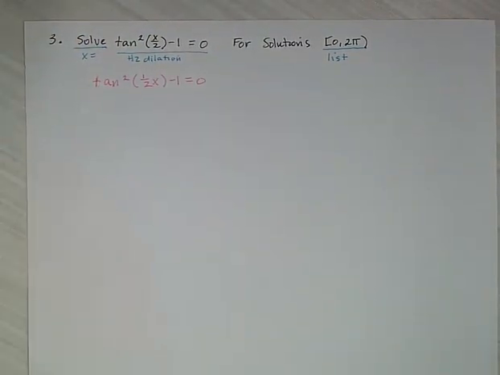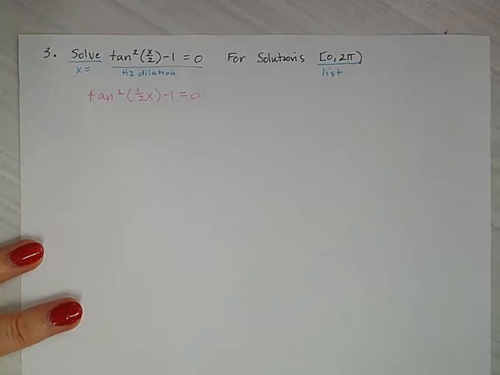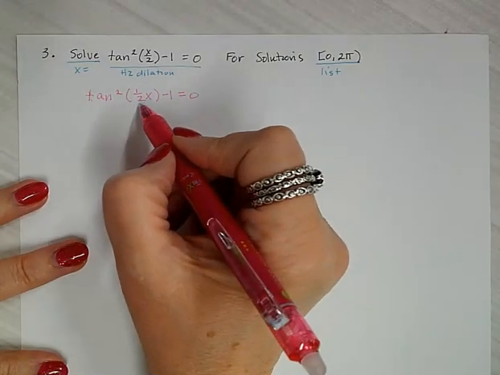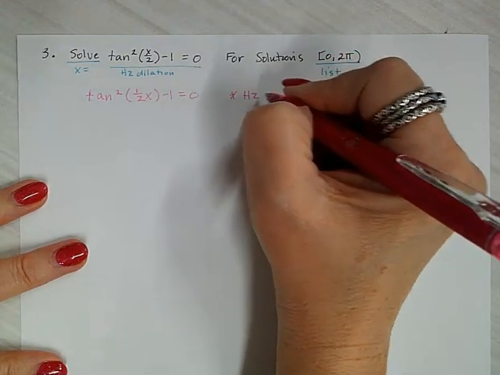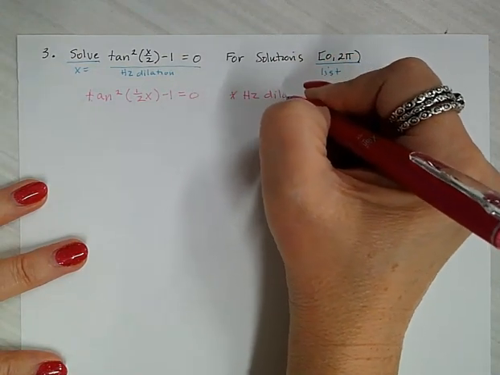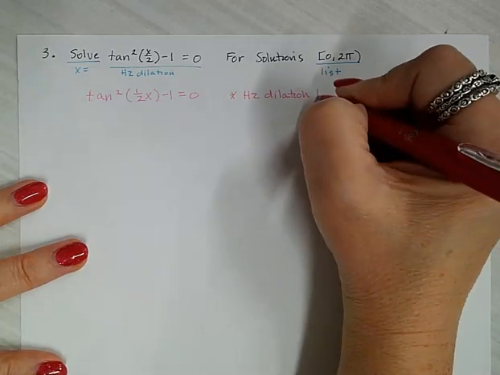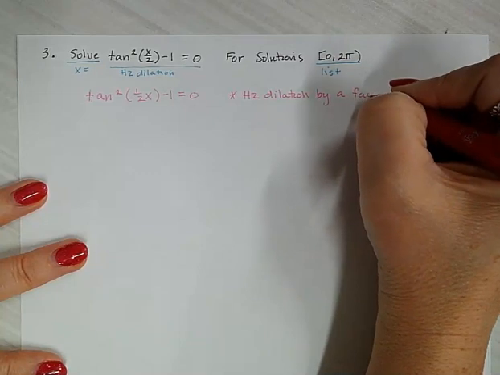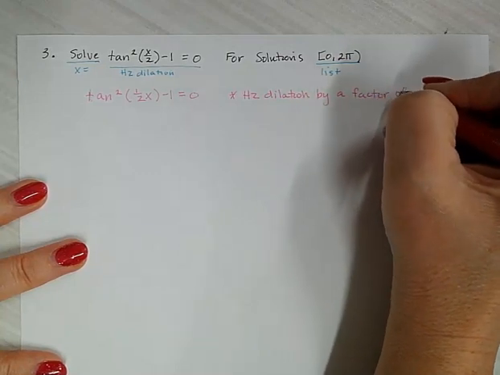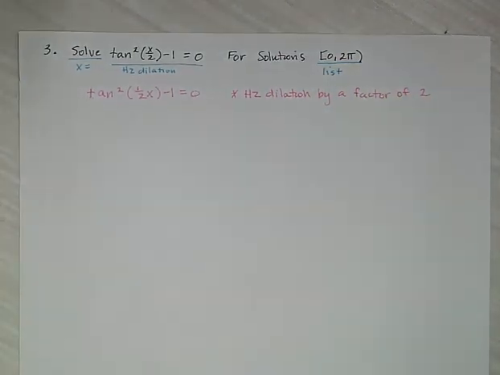And when you're thinking of it in this particular form, then we're looking at the fact that this in here is a horizontal dilation by a factor of 2.